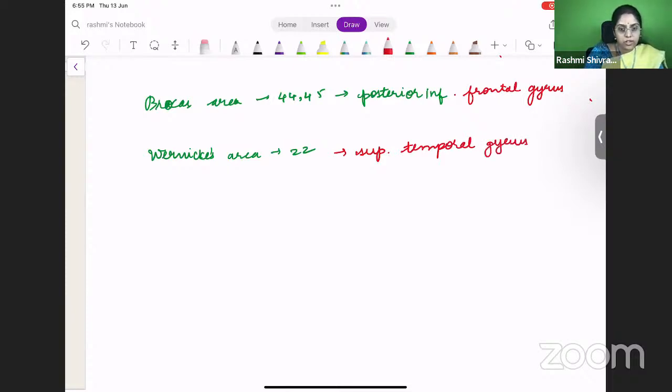So we already have the answer to this question: it's in the superior temporal gyrus. Both of these are present in the dominant lobes. Broca's area is 44, 45 in the posterior inferior frontal gyrus, and Wernicke's area is area 22, present in the superior temporal gyrus.